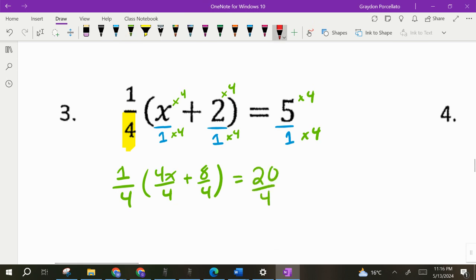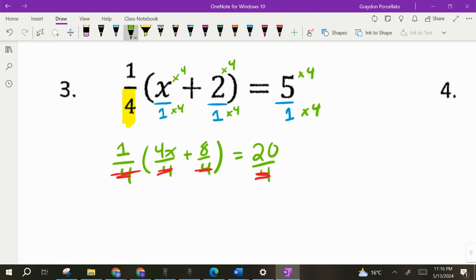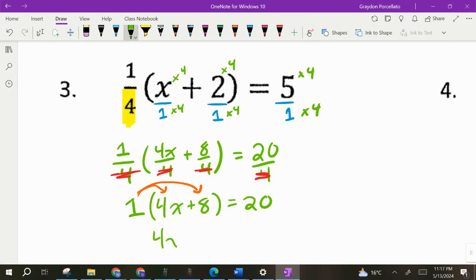Now my denominators are all the same. Let's cross them all out. And this just becomes something that we've seen before. 4x plus 8 equals 20. Now you know how to solve this. We're going to multiply our 1 into our bracket. We get 4x plus 8 equals 20.